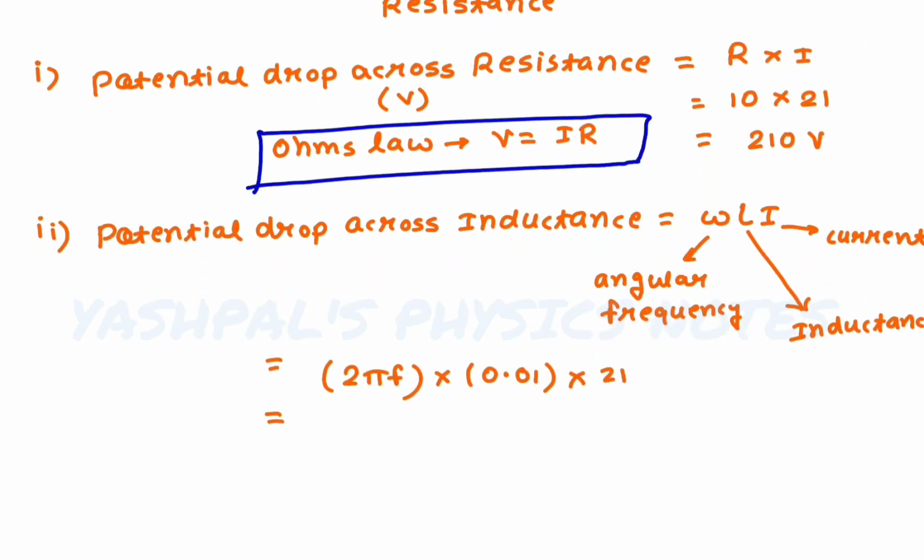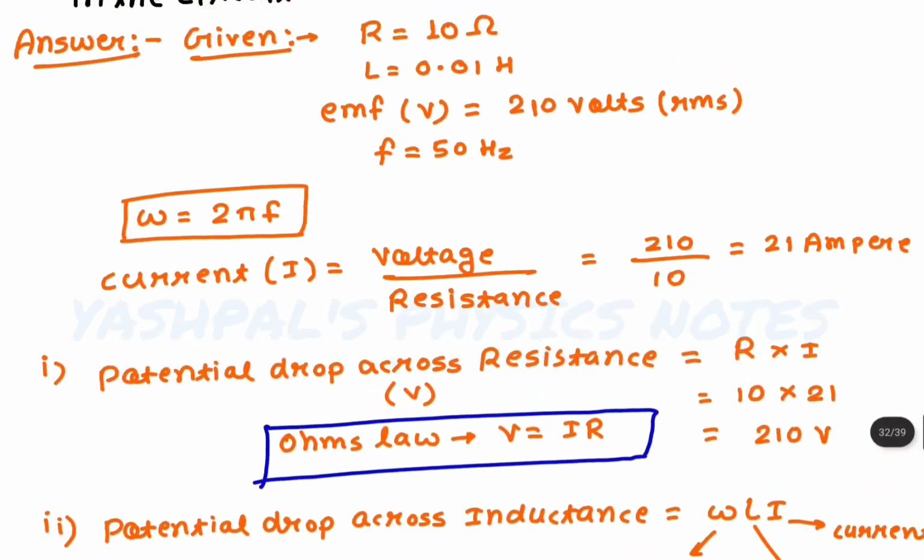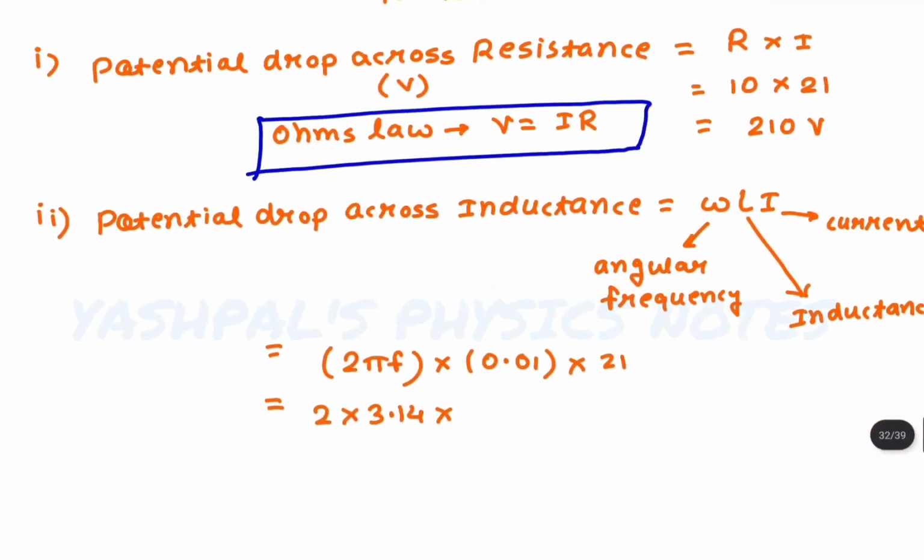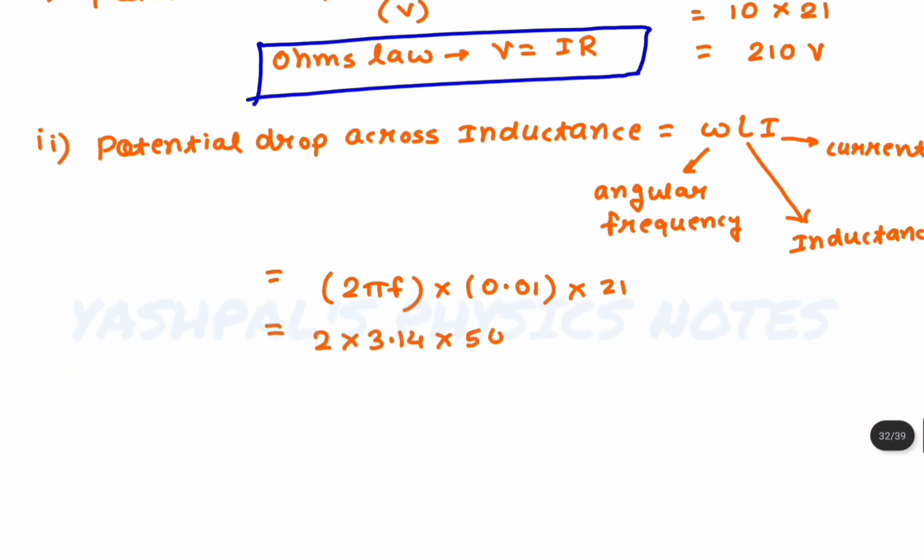So now substitute the values. 2 into, what is the value of pi? It's 3.14. Frequency is given as 50 Hertz. I am writing 50 into 0.01 into 21. After calculation, your answer will be 65.94 volts.